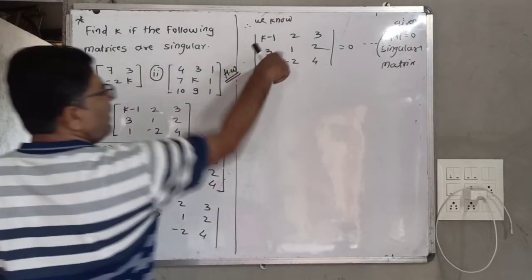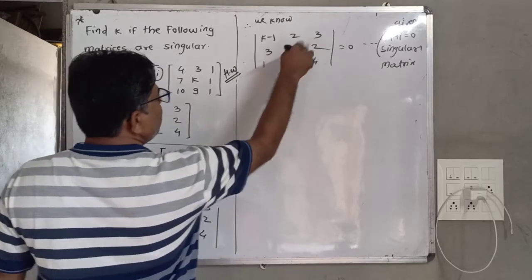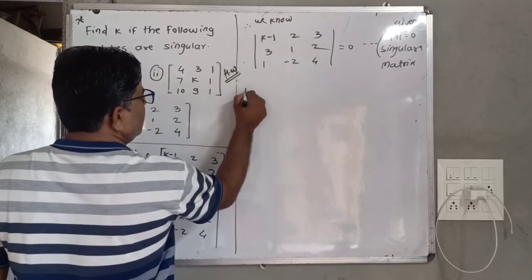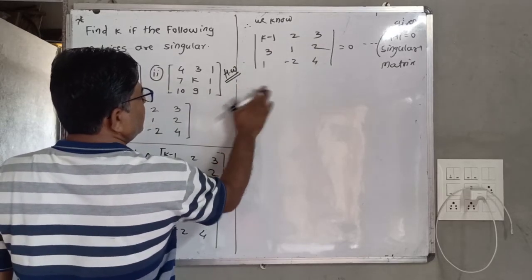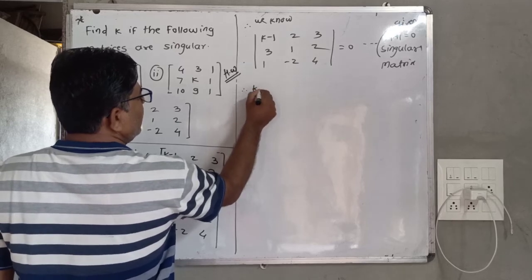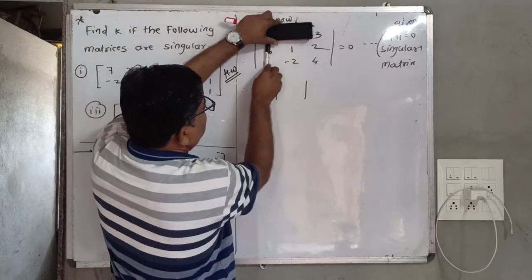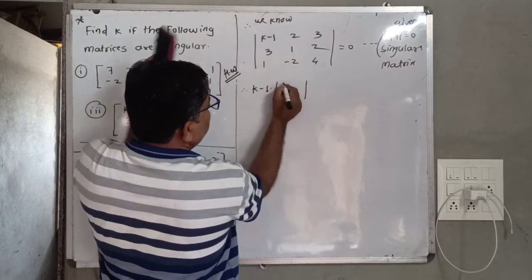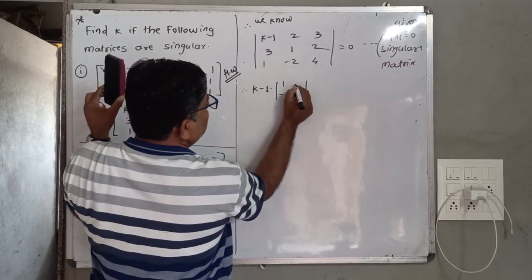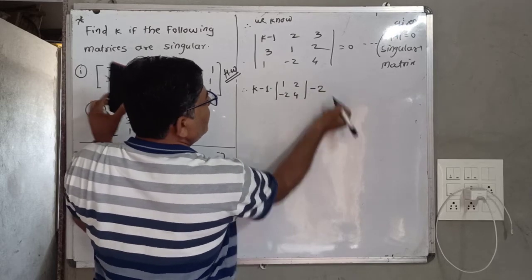Solve this determinant. Okay, k minus 1, therefore k minus 1 into, first row deleted, first column deleted, what you see is 1, minus 2, 2, 4, minus sign compulsory.